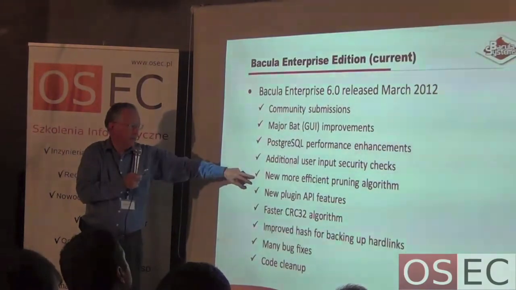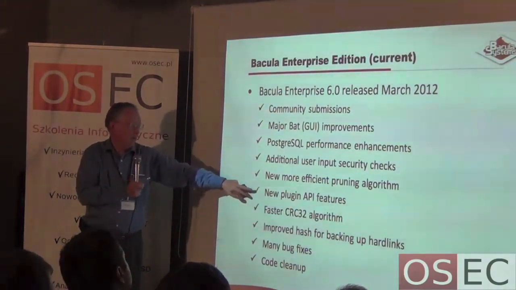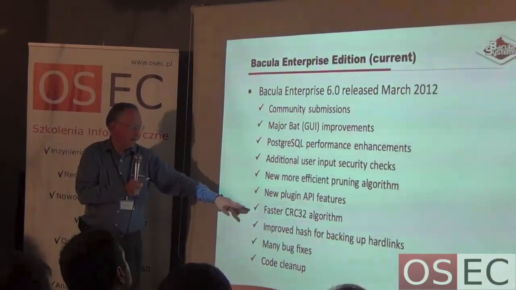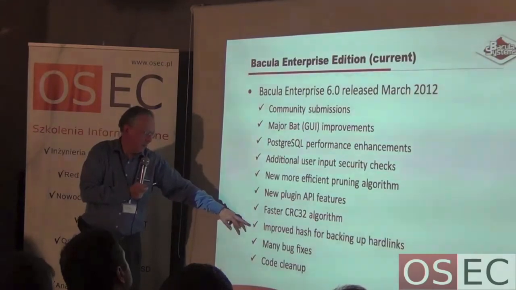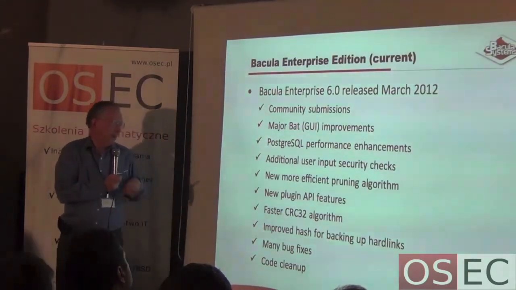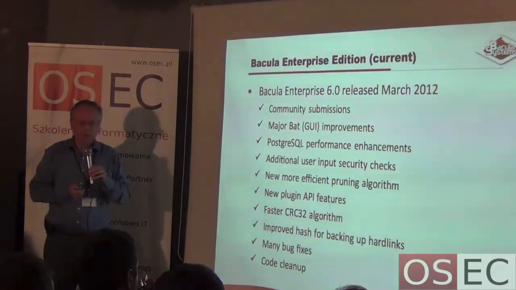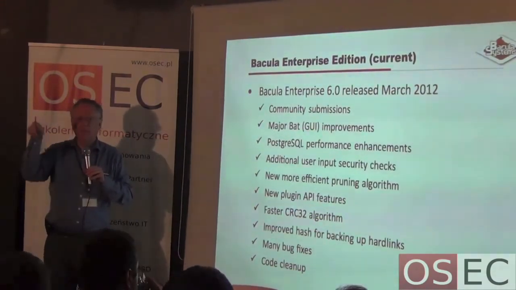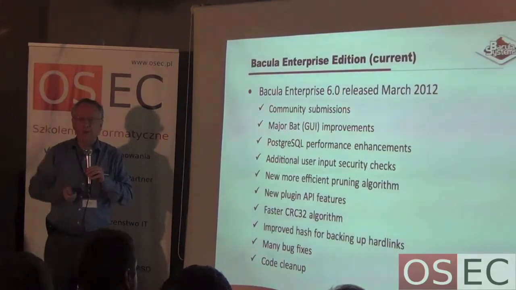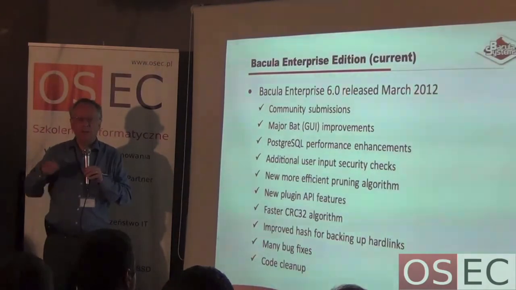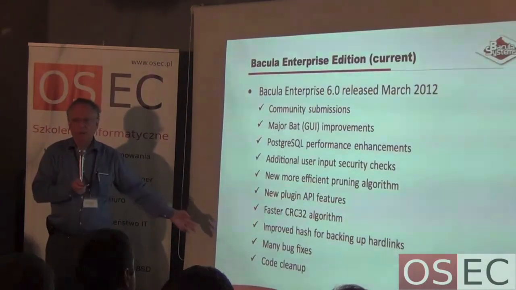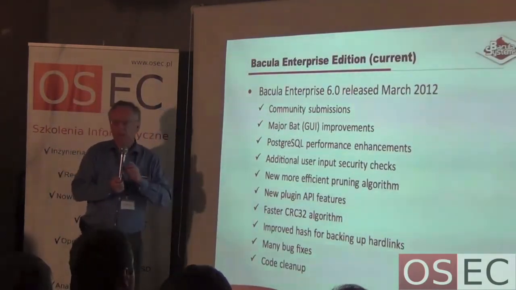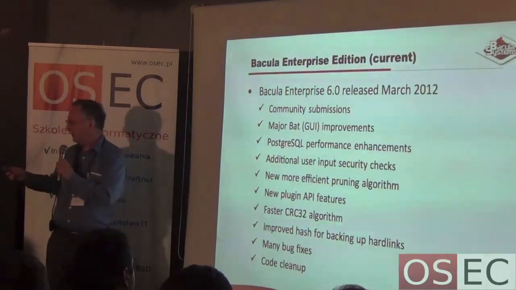We implemented a new efficient pruning algorithm, new additions to the plugin interface, a faster CRC algorithm, which was actually a community contribution, and improved hash for backing up hard links, because when there are hard links, you have to keep track of all the hard links you found for a particular file while you're backing them up, so that you make sure you don't back up multiple instances of the same file. Many bug fixes and a lot of code cleanup, and all of that is also in the community version.